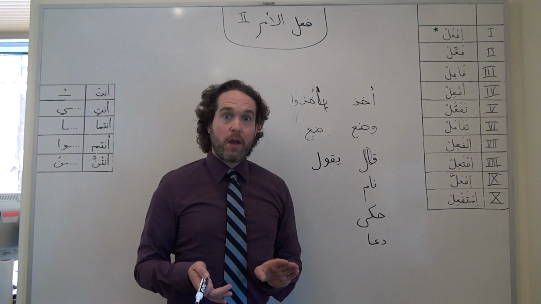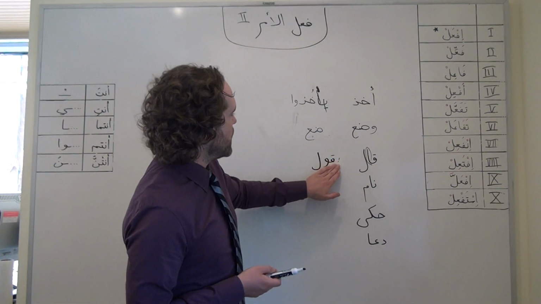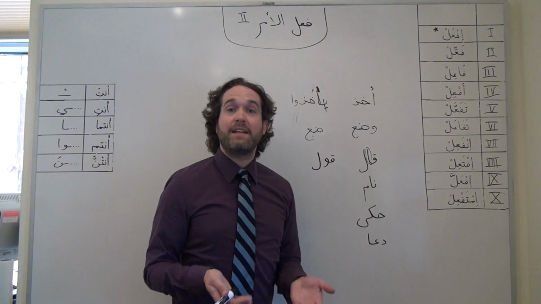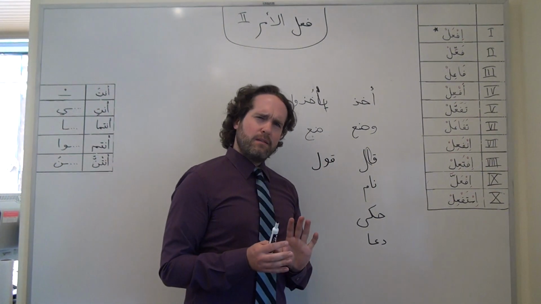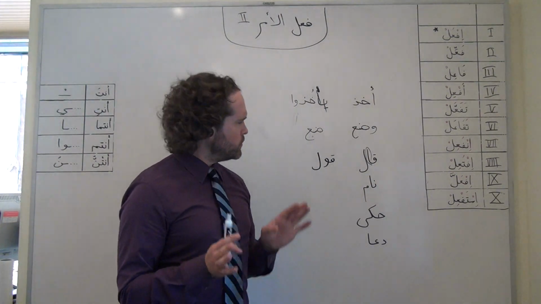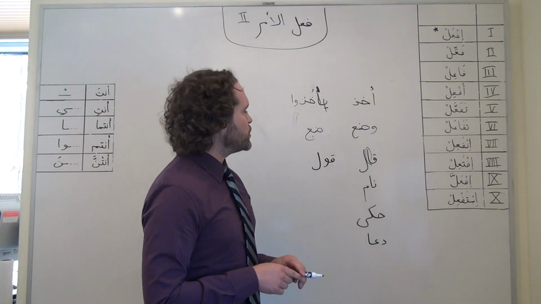So if we're making our imperative, we drop the prefix, or I suppose for enta it would be taqul, not yaqul. Here we have qul, and you might be thinking, this looks okay, this is good, we can work with this, but there is an issue.